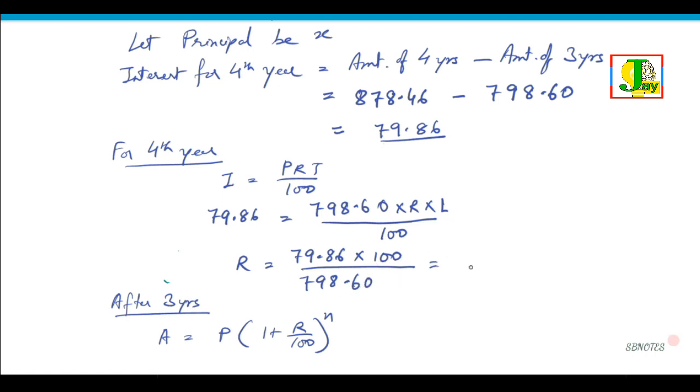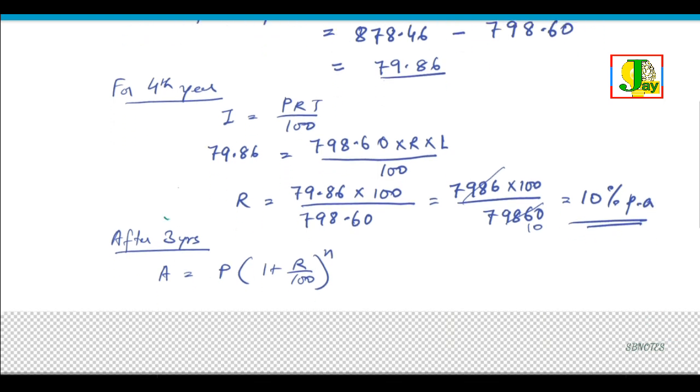If we remove the decimal places from top and bottom by multiplying both by 100, we get 7986 into 100 by 79860. We can see this goes 10 times, so R is 10% per annum. So we have got R.